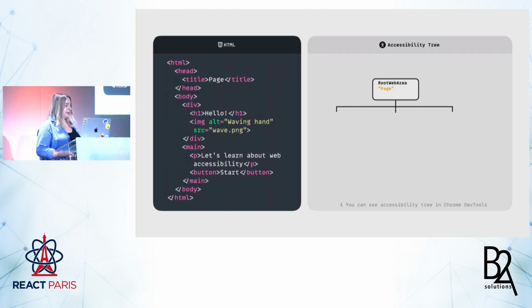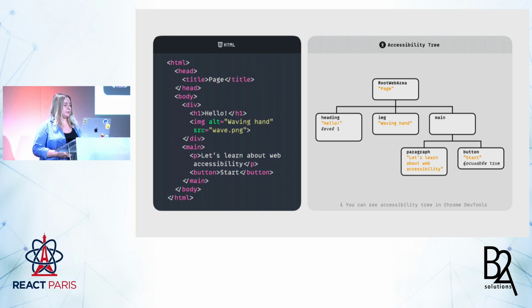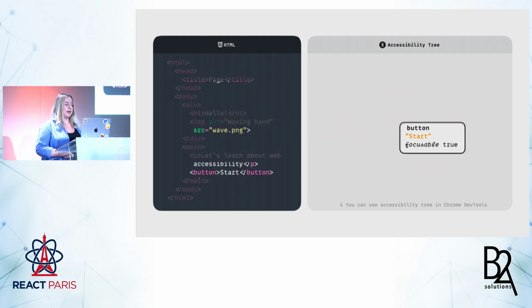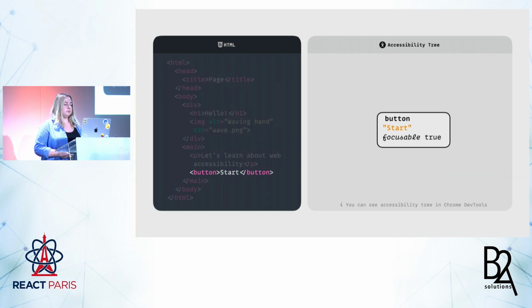For this HTML page, accessibility tree will look something like this. Note that not all of the HTML elements are directly one-on-one mapped into the accessibility tree. For example, this div that we use for styling is omitted, and each element within the accessibility tree has its role, which describes what kind of element it is, what is its purpose, and an accessible name, which describes it on the page.